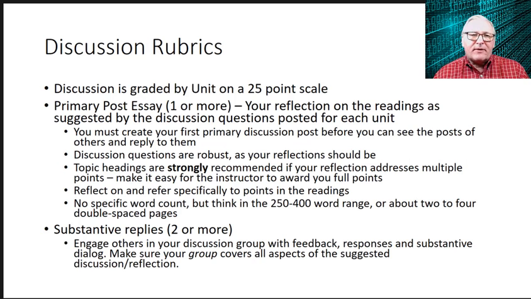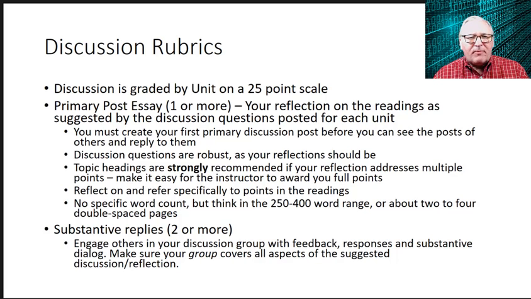Discussion. There are rubrics for the discussion, just so you know where you stand. Each discussion unit is graded on a 25-point scale, and that's mapped back into whatever the percentage of discussion is for the course grade.